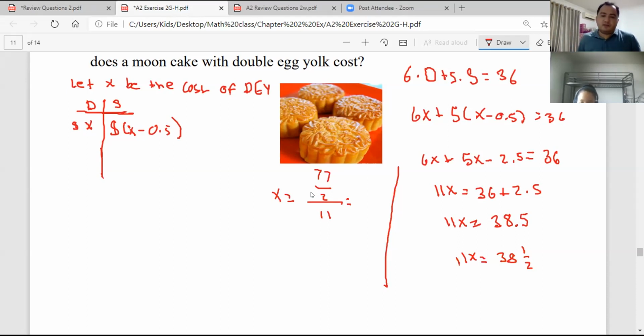That's why when you're dividing, you should do it like this. Here we have 11x, right? On the right-hand side, we have 77 over 2.